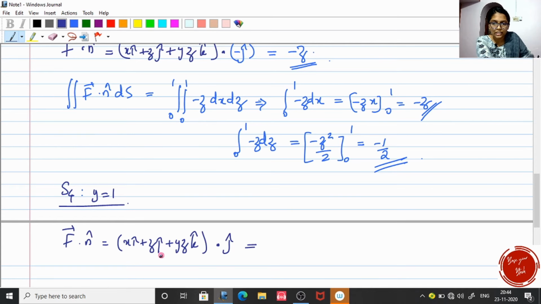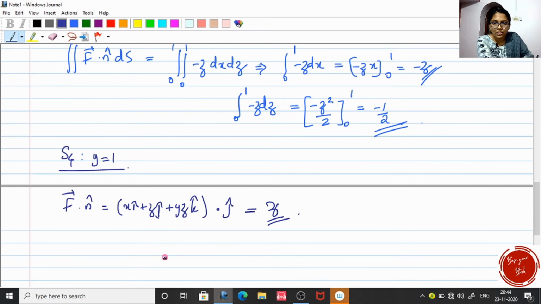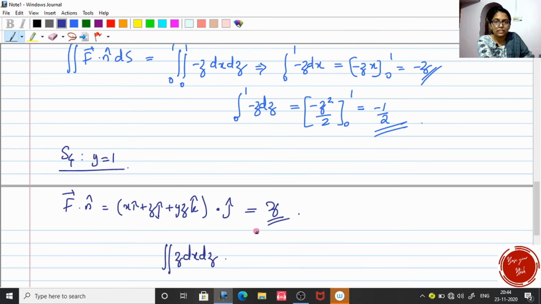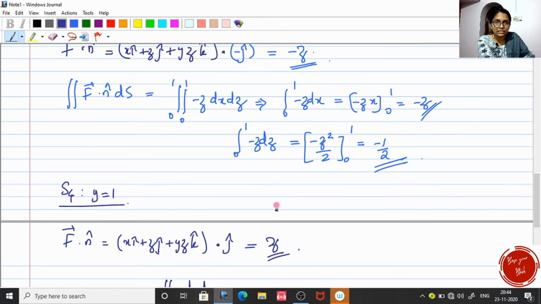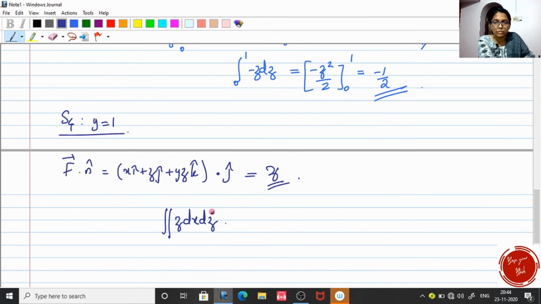So, zj cap dot j cap is simply z. Okay. So, I think the integrand stays the same, isn't it? Double integral z dx dz. Yes, only there is a change in the sign. In the last case there was negative z and here it is positive z, and the plane is having the variation in the x and z directions. So, the limit is also 0 to 1. Solving it out, you will get positive half, because in the last case we got negative half, isn't it?